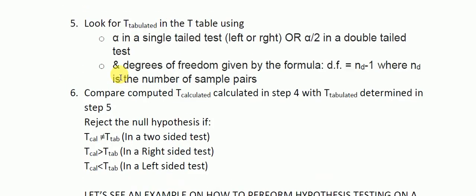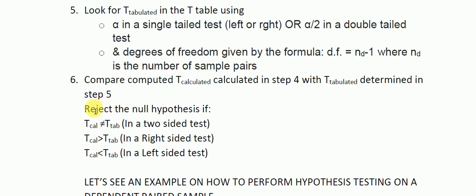So let's see how we are going to compare them. We have these rules. So this is mu d greater than 0, which is a right side t-test. For that we'll compare them using this rule: if t calculated is greater than t tabulated, we reject the null hypothesis.